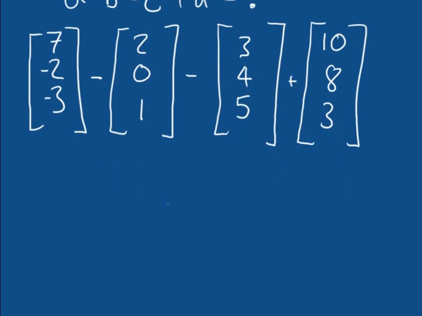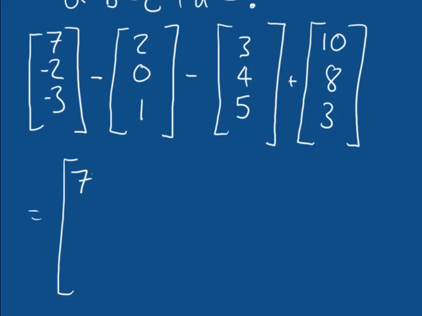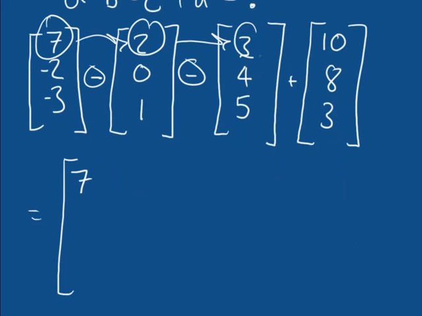So that means our resultant vector is going to be equal to 7 minus 2 minus 3 plus 10 for the first component, working from left to right.